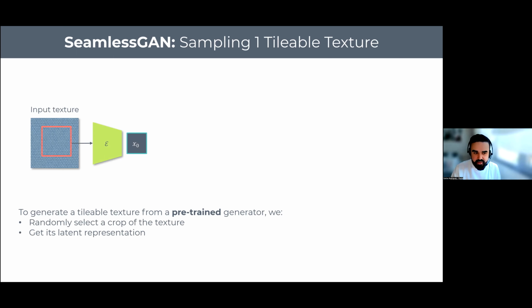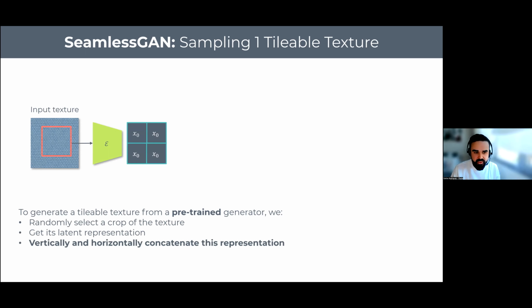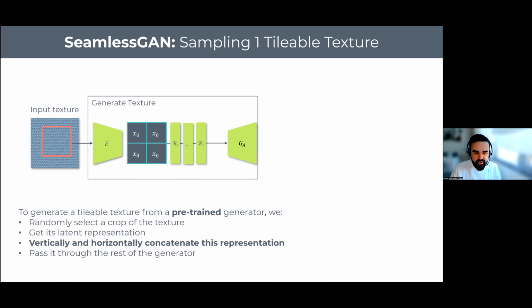So what we do now is tile this latent space. We concatenate it with itself horizontally and vertically. You can do it in the inverse order, it doesn't matter. And we feed this representation to the rest of the generator, which produces a texture that has 4 repetitions of itself, but with seamless borders between them.